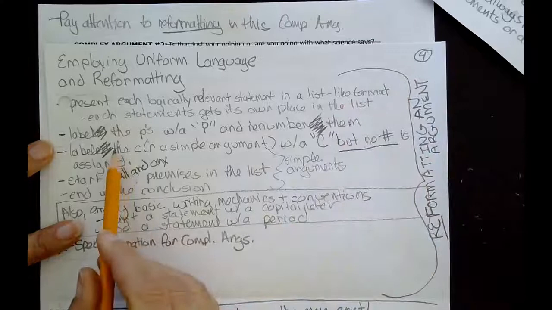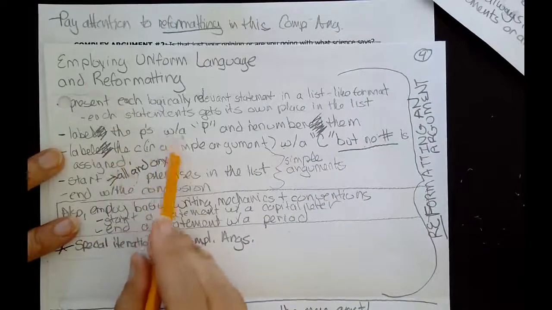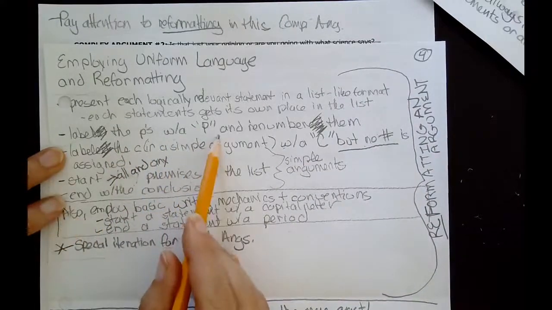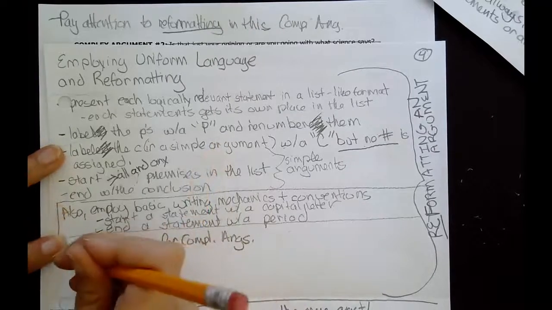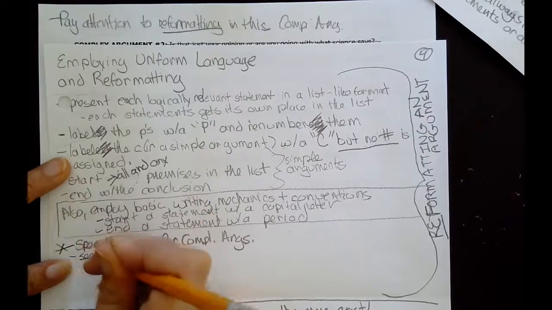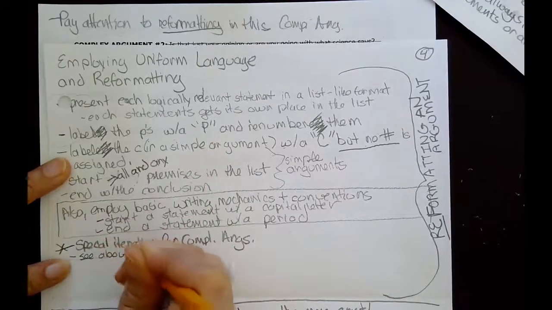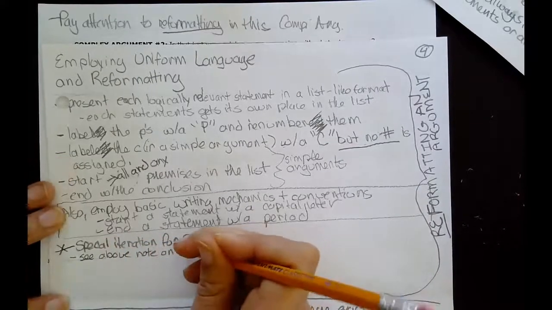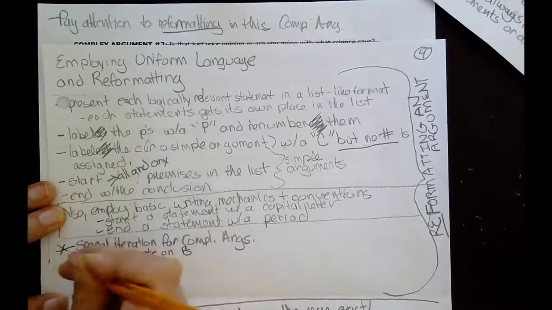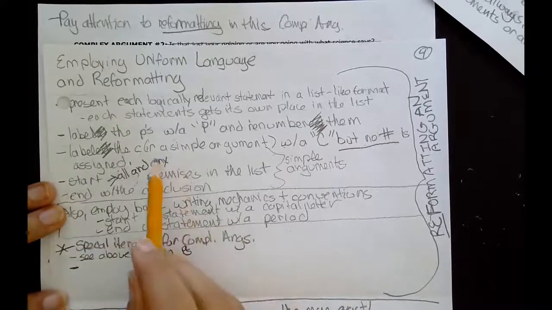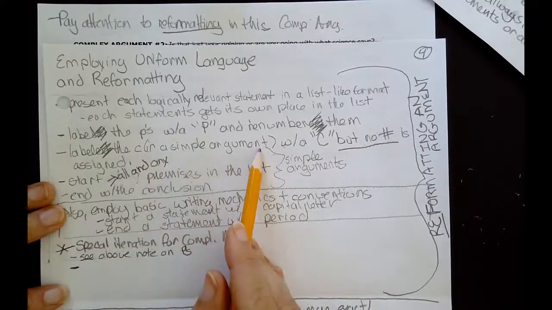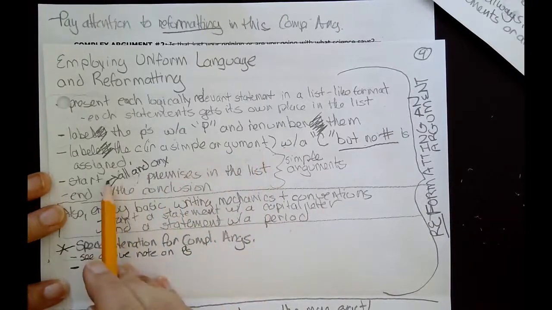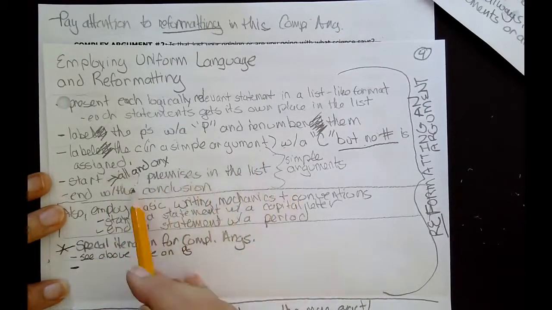Okay, so in a complex argument, you're going to always have at least one premise. So this rule still applies, okay? So see above note on premises. Okay. Now, it says you should label C in a simple argument, right? And start all and only with premises in the list and end with the conclusion.